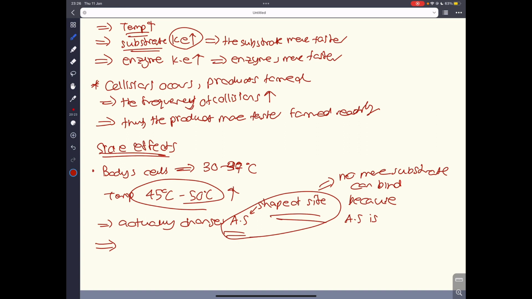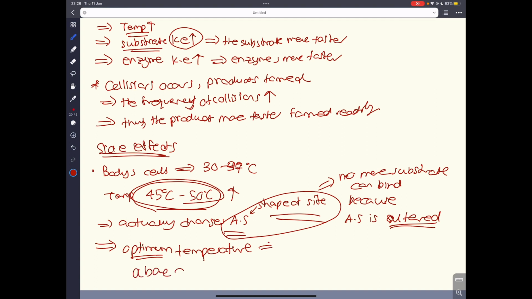The active site is altered or changed. So we can say that when the temperature is higher than its optimum temperature, optimum meaning the temperature at which the enzyme works best, the enzyme will denature.